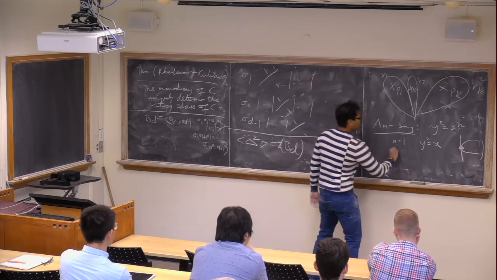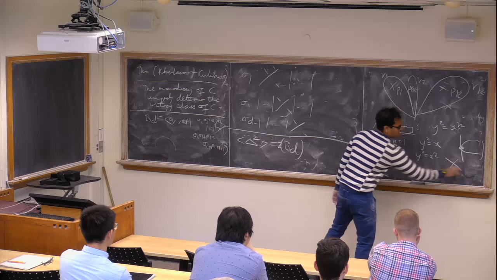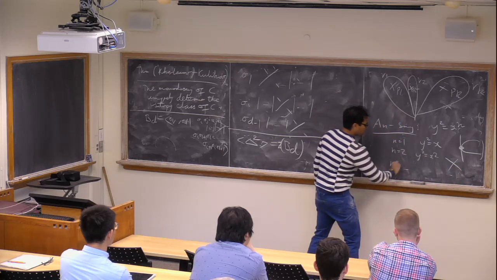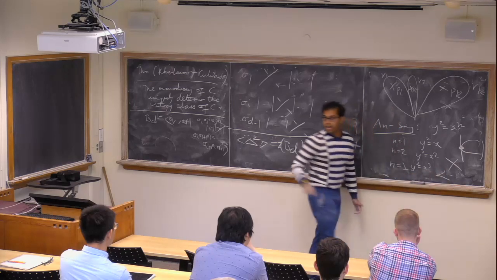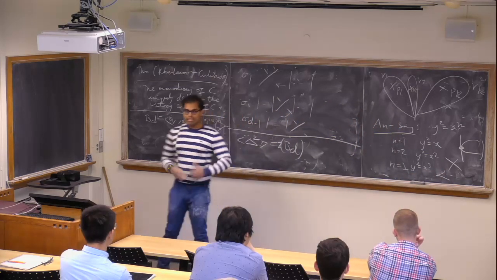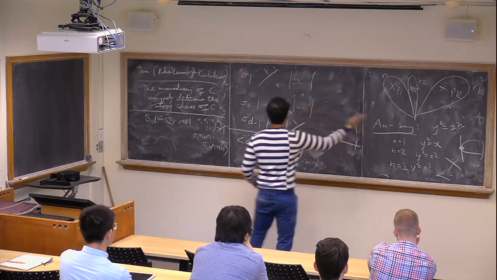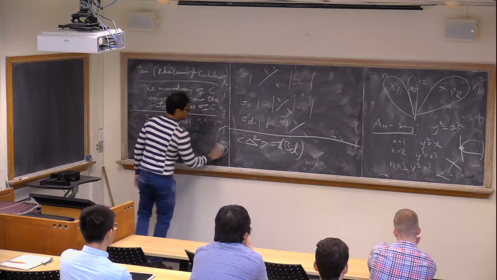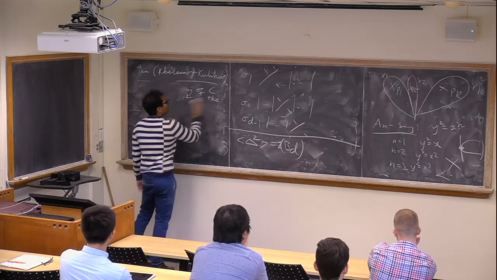If n is equal to 2, we're going to look at y squared equals x squared, which is modeling a node. And if n equals 3, we're looking at y squared equals x cubed, which is modeling a cusp. So these are a general family of singularities. And let's try to find what the monodromy looks like around one of these local models. So let's take y squared equals x. What happens?